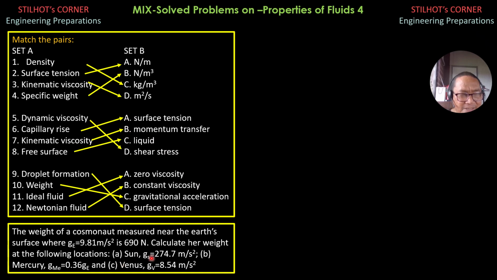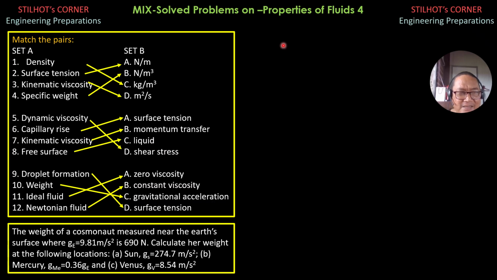A, the Sun, where the acceleration due to gravity of the Sun is 274.7 meters per second square. B, Mercury, where the acceleration due to gravity of that planet is 0.36 of that of the Earth. And C, Venus, where it is 8.54 meters per second square.